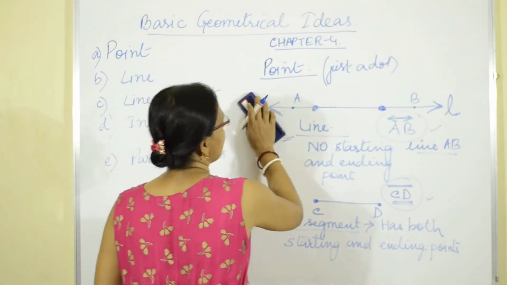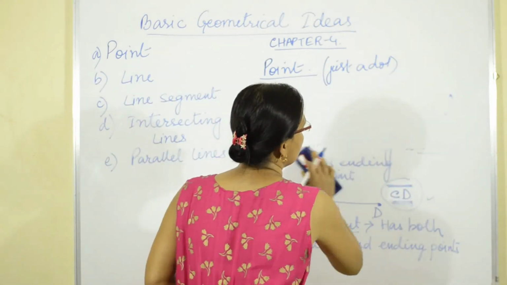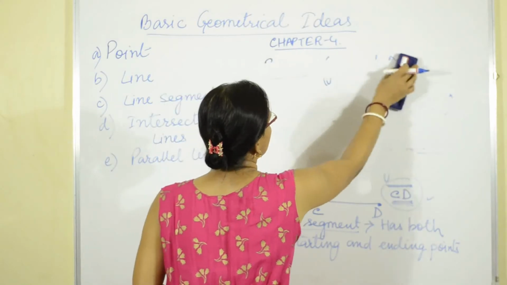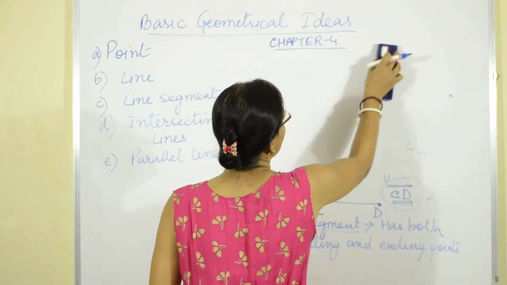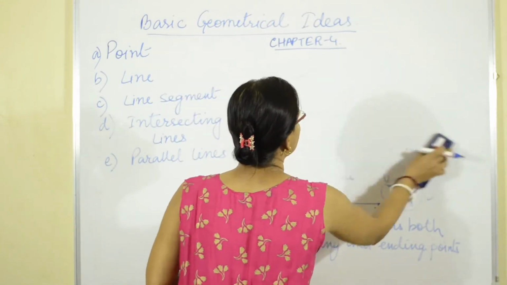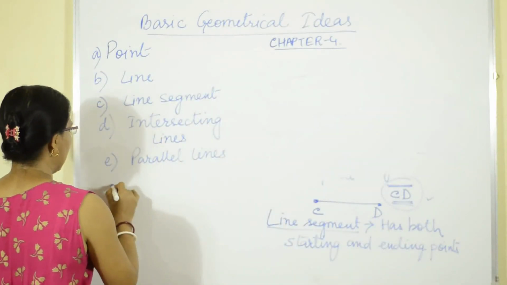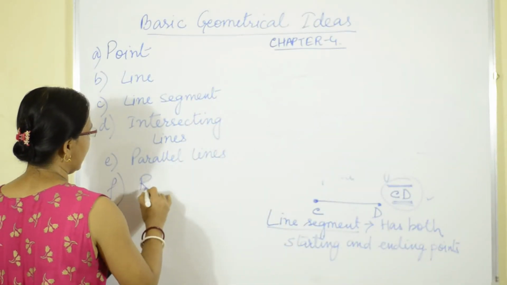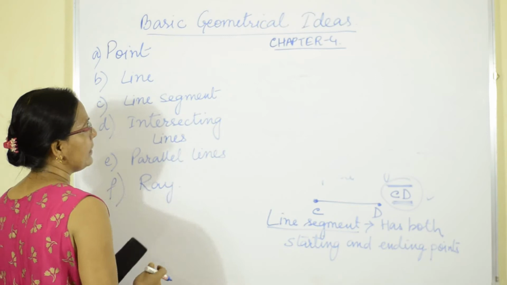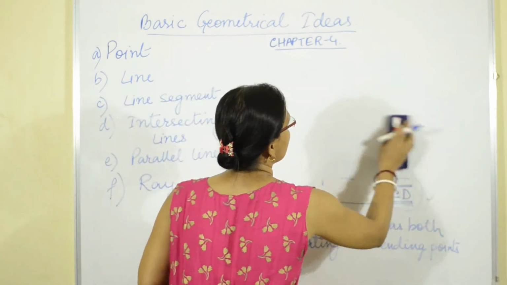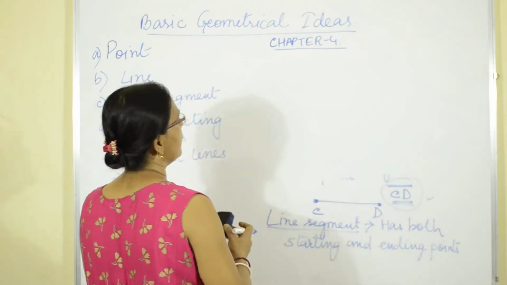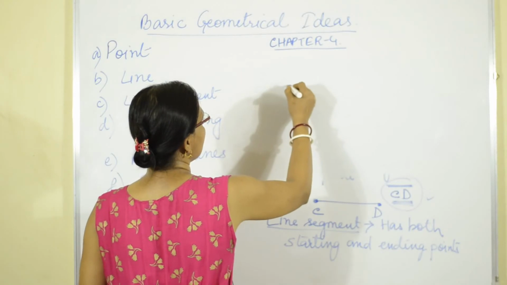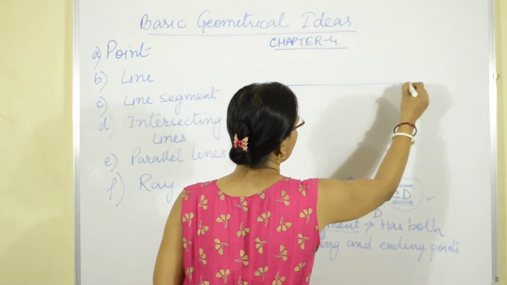Now I will discuss something more here that is not mentioned in the points. I will mention it, that is a ray. Now what is a ray? A ray has a starting point. Say for example the ray of the sun.